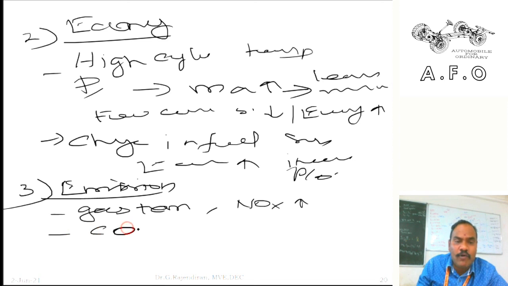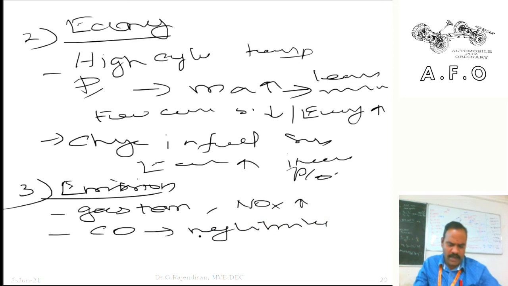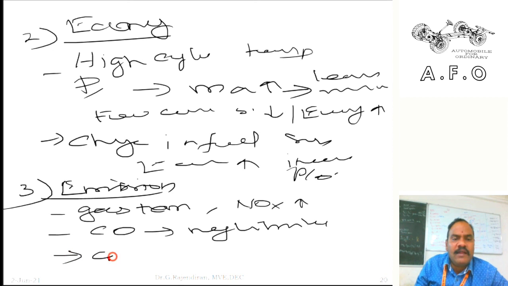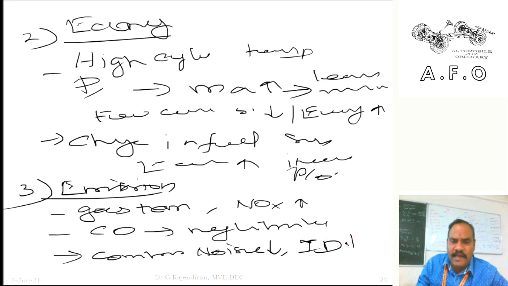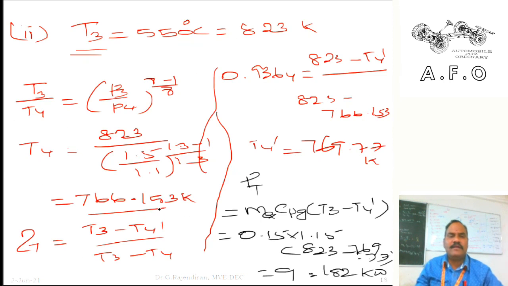However, the CO emission is negligible. Clear? And when you are increasing the gas temperature by reducing the heat transfer, the combustion noise can be reduced by reducing the ignition delay due to higher gas temperature and pressure. Clear? So this is the solution.